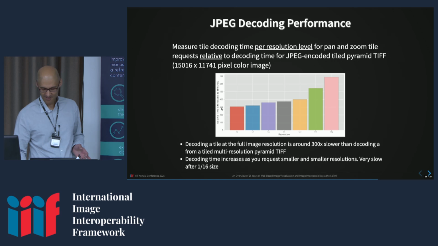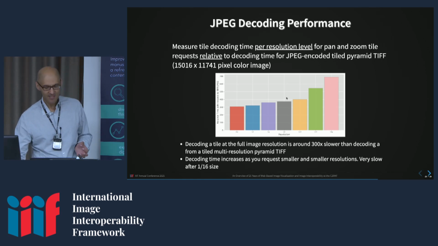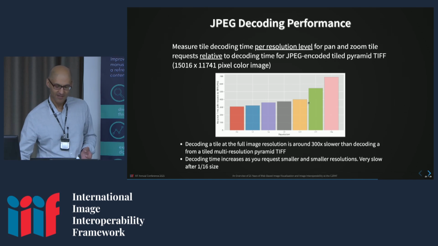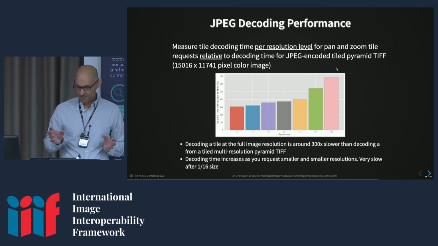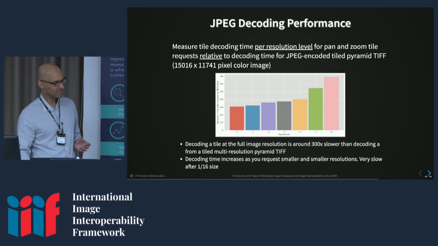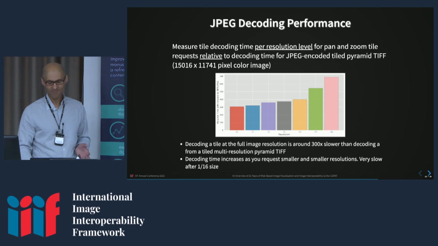So it's usable, but it's slow. Fortunately, TIFF is very fast, so 300 times is still usable. You can see it gently drops off, and then it progressively, and suddenly accelerates away because you're beyond the 8x8 DCT block size. After about 1/16 of the size, it becomes a little bit too slow.